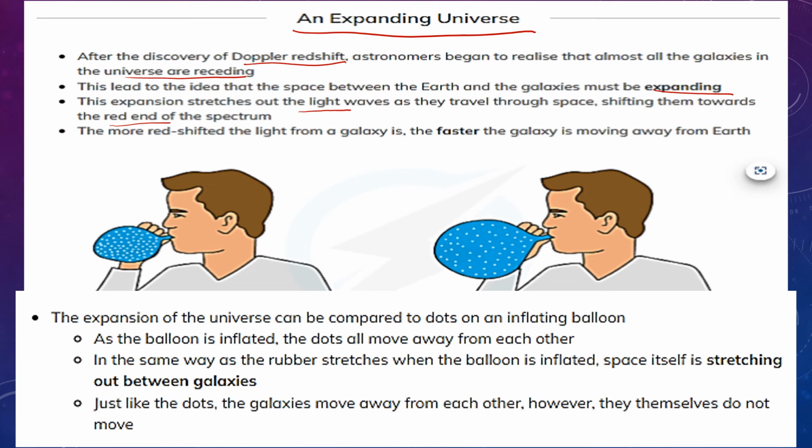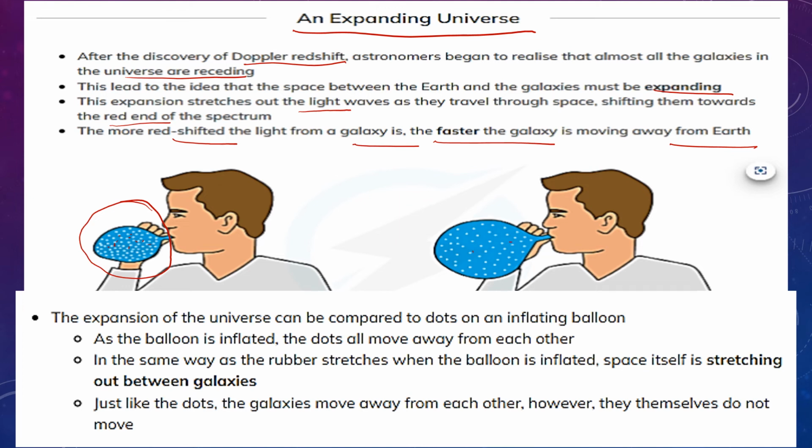Of course, when the galaxy is moving away and emitting waves, by the time the waves reach us, the wavelength will be longer because the source is moving away. So that is redshift. The more redshifted the light from a galaxy is, the faster the galaxy is moving away from the Earth. You can see from this balloon that when air is pumped in, the dots, which were very close before, move away from each other.